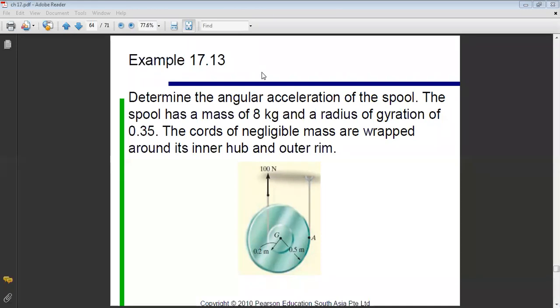First, they asked about the angular acceleration of the spool. So my first unknown here is alpha. I don't know alpha at first.